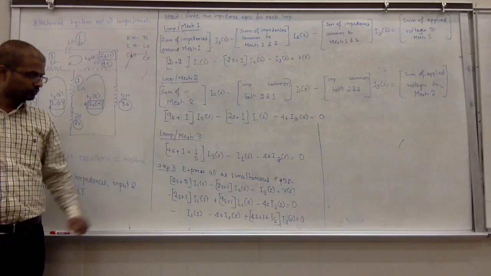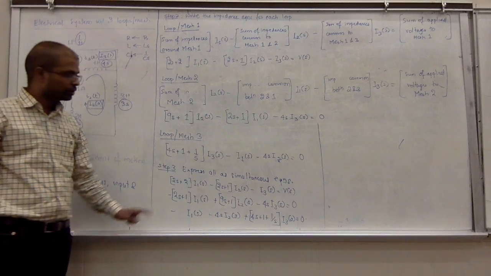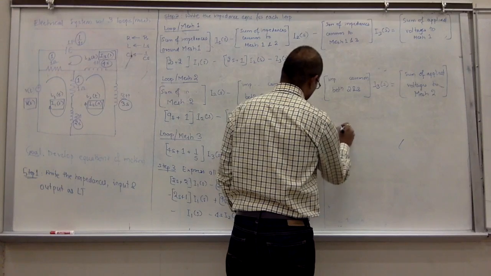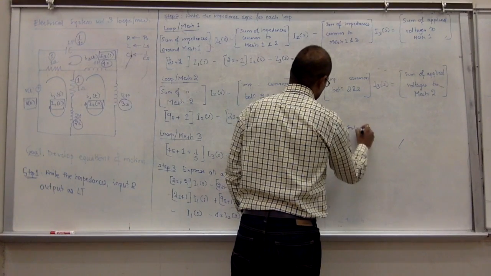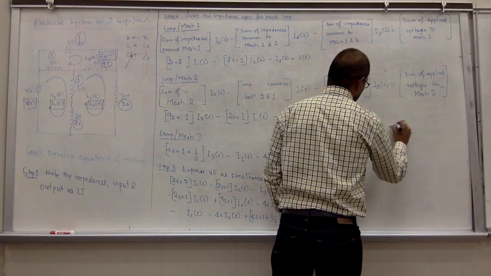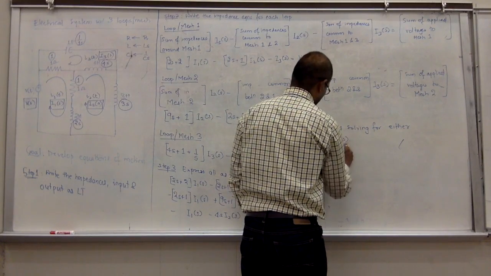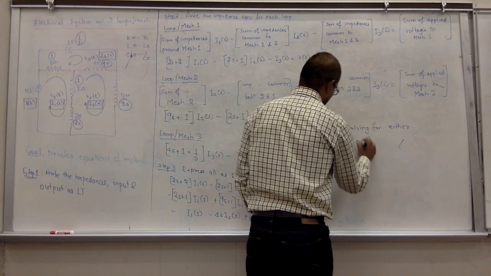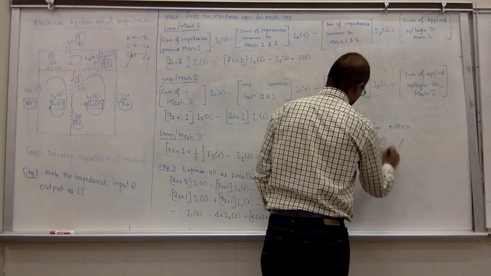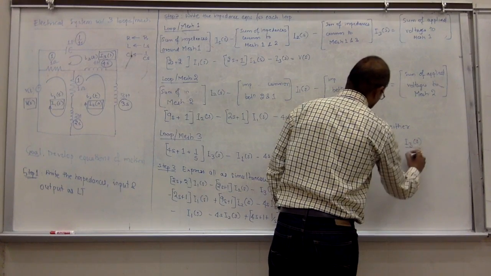You see it? Yes. So now, if you can see them as simultaneous equations, you can solve for them. Step 4 would generally involve solving for either I1 of s over v of s, or I2 of s over v of s, small v of s.